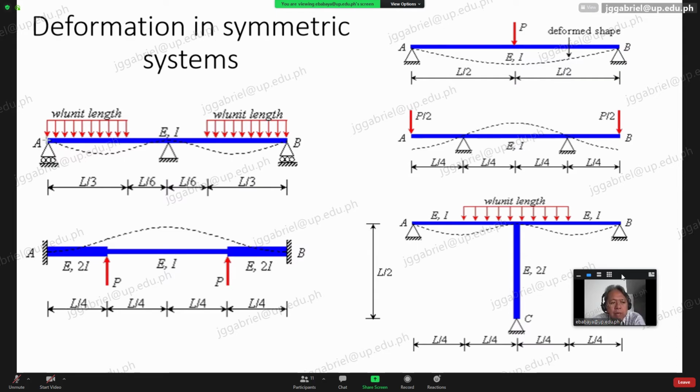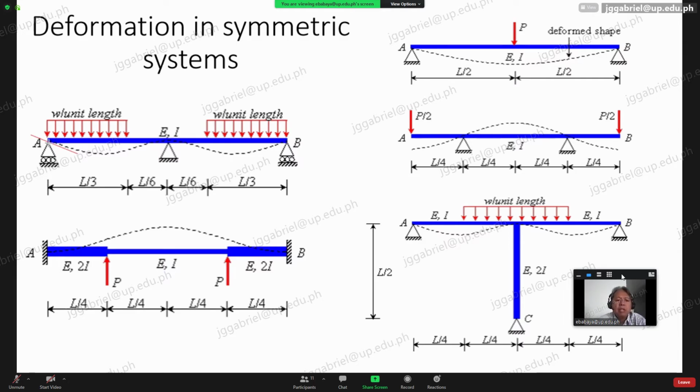I just would like to mention that you see at this point here, merong rotation yung beam natin. Okay, I hope you understand when I say there's rotation. If you draw a tangent line at this point of this curve, then it makes an angle from the horizontal, okay?